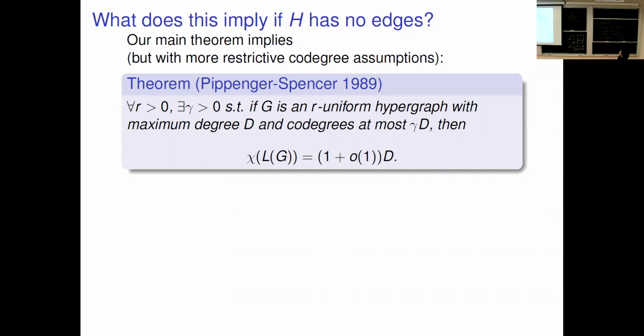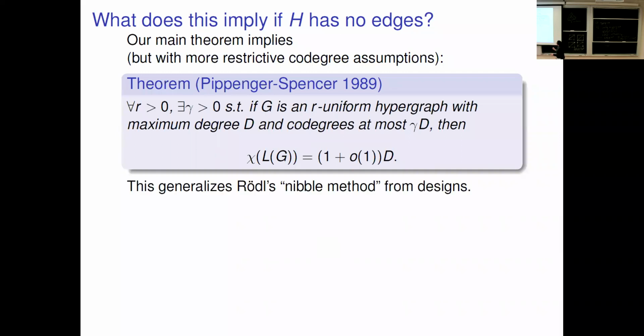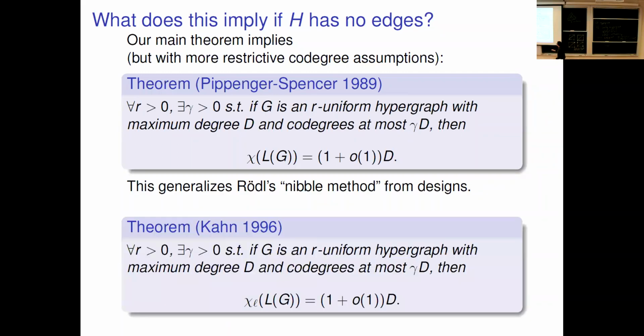Rödl had some original version, Pippenger in an unpublished work has a subsequent one, Pippenger and Spencer have this, and Kahn even showed it for chi-L, the list chromatic number, in a really famous paper, which proves asymptotically the list coloring conjecture. This is a really celebrated result.